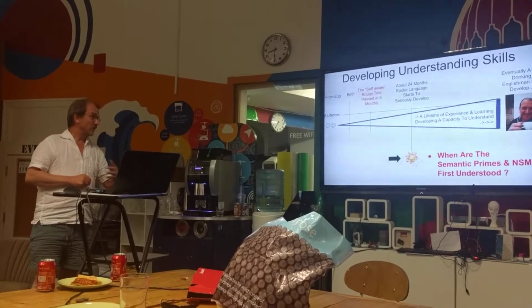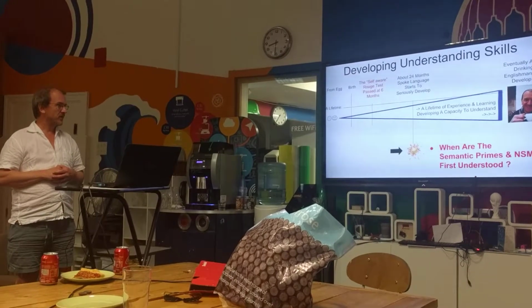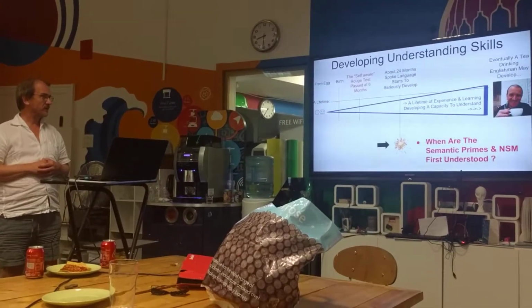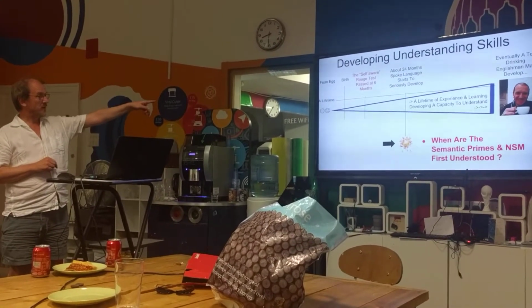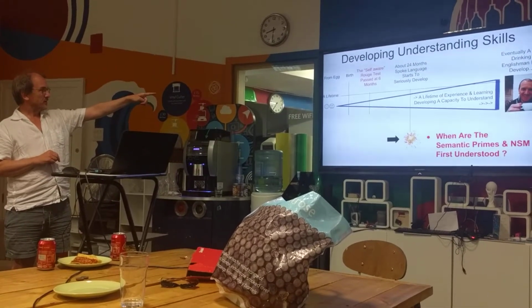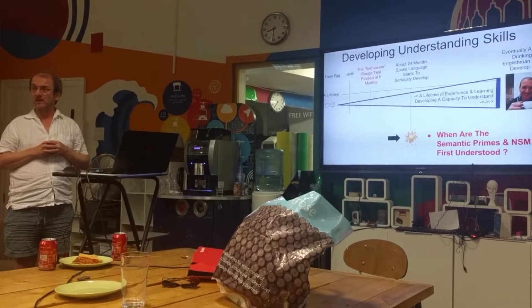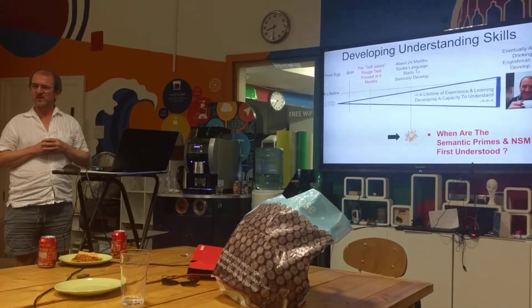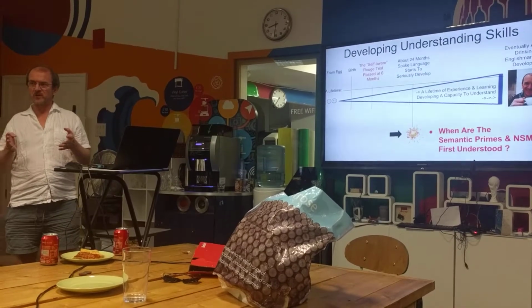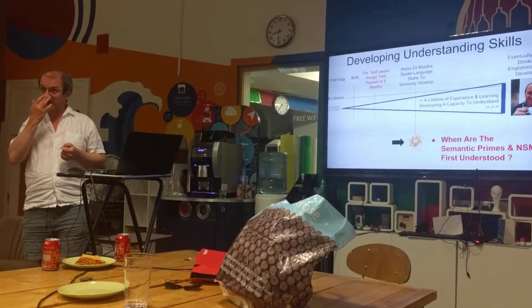So when do we understand the semantic primes and the natural semantic metalanguage? From egg to tea drinking Englishman. Well, babies are self-aware at 6 months, interestingly. What I mean by self-aware is, you sit one in front of a mirror and you put what they call rouge, something red, on it.